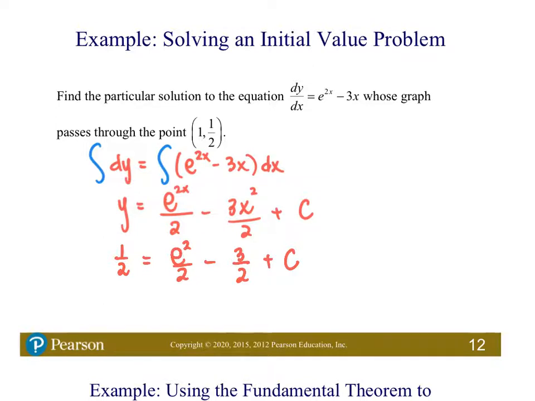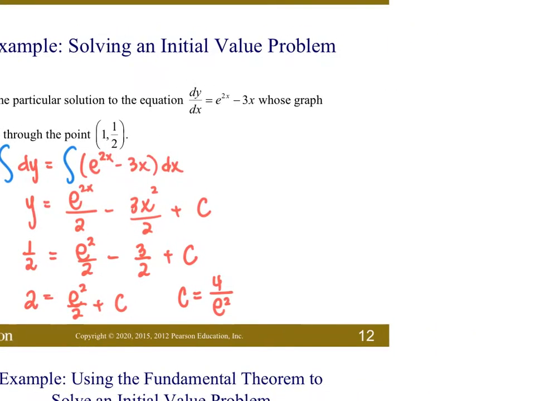So if I add 3/2 to both sides, I'll get 2 equals e squared over 2 plus c. So then c will turn out to be 4 divided by e squared. So that gives us a particular solution. And the solution would be y equals 1/2 e to the 2x minus 3/2 x squared plus the constant 4 over e squared.